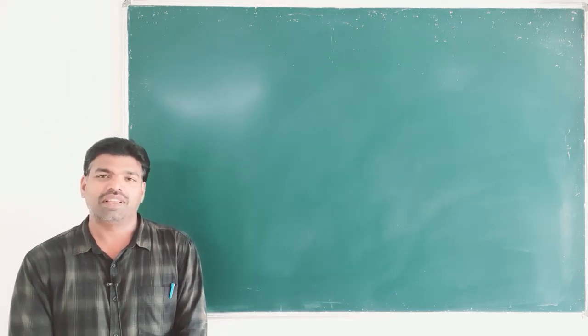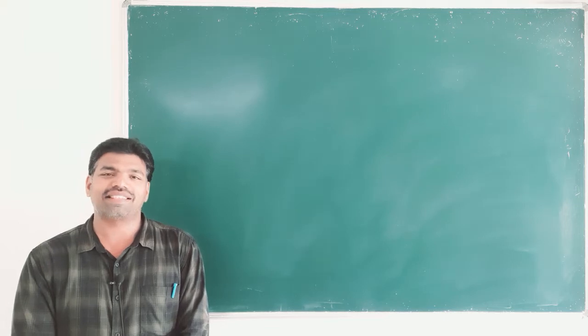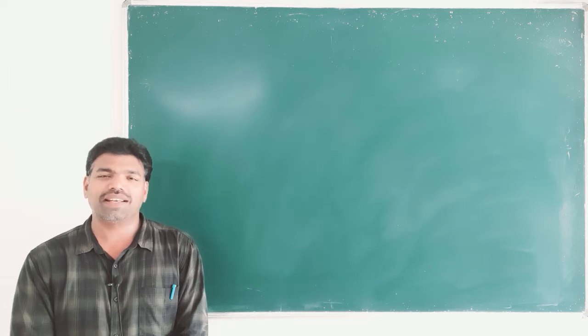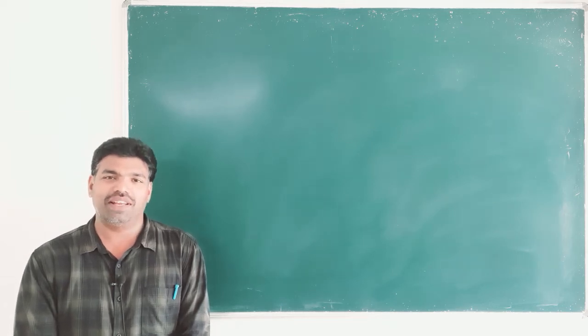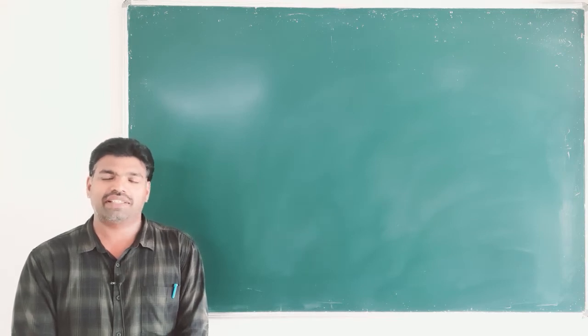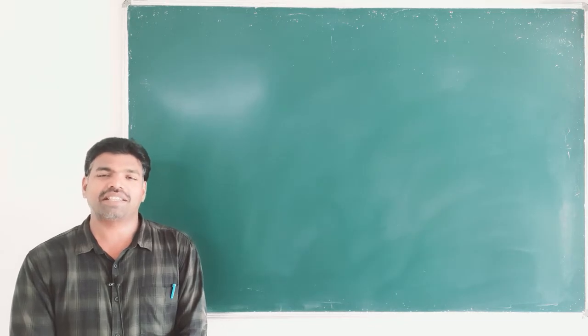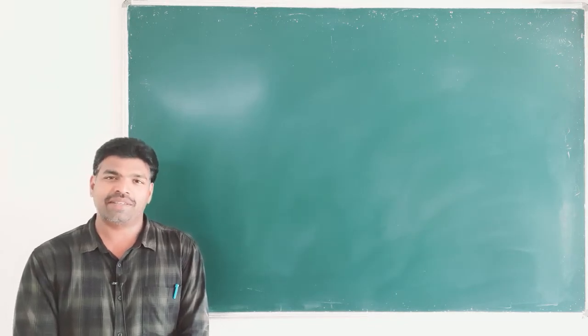I am Dr. VRAO. In the last class, that is lecture 36, we had gone through the terminology of electrochemistry. That is, what is meant by electric conductor, conductance, types of conductors, specific conductance, equivalent conductance, and molar conductance.